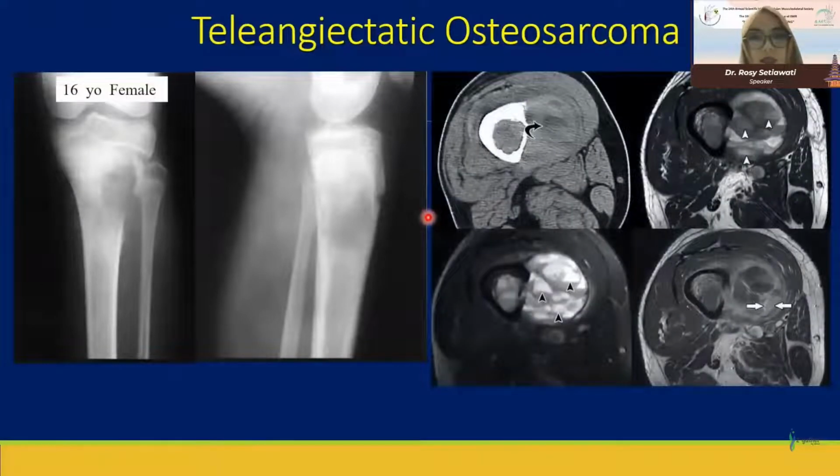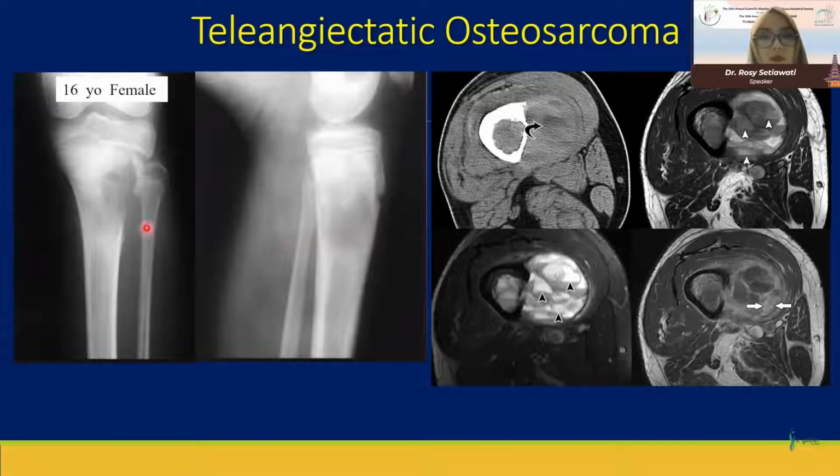Telangiectatic osteosarcoma is also one of the mimic lesions of GCT, because telangiectatic osteosarcoma and giant cell rich osteosarcoma don't have the osteoid matrix usually seen in conventional osteosarcoma. So that's why osteosarcoma is also a mimic lesion of GCT.